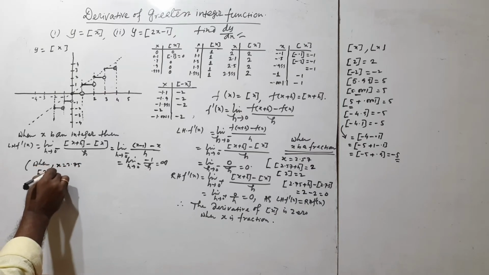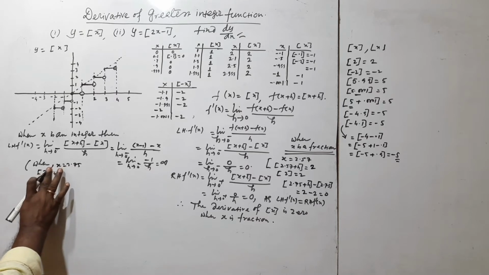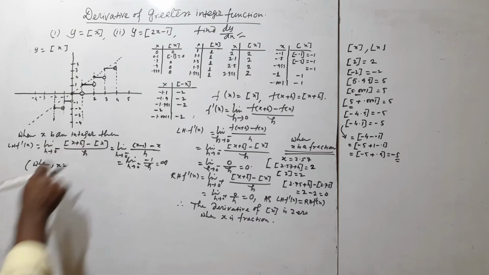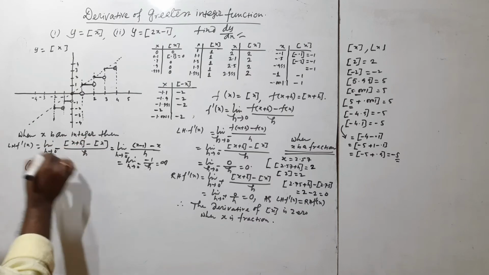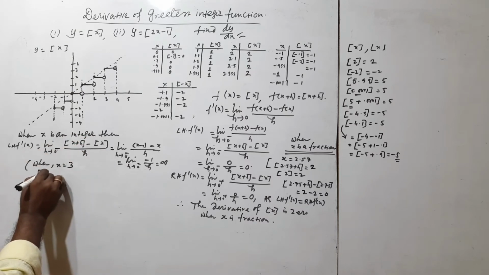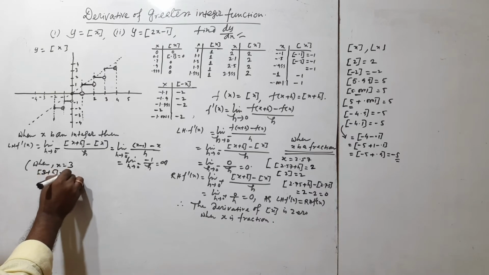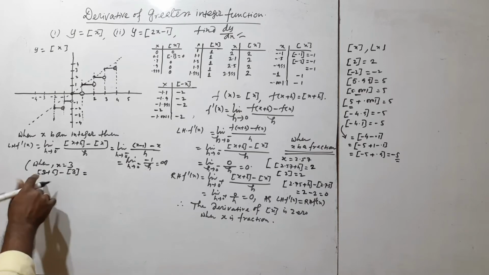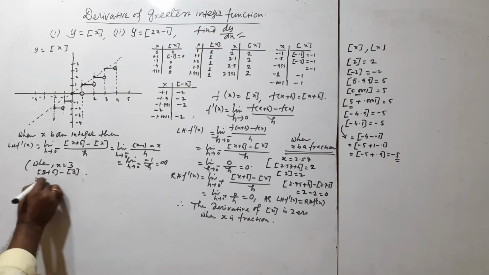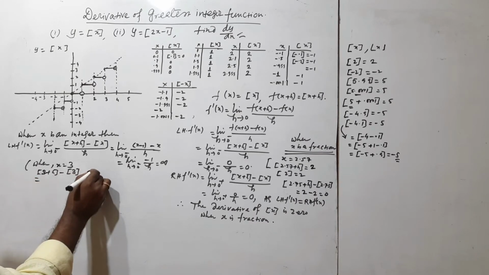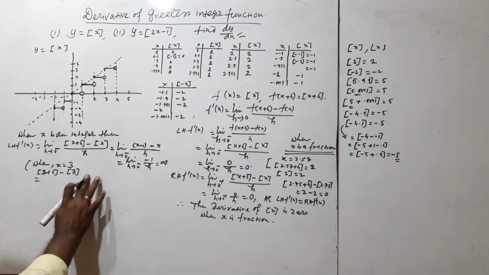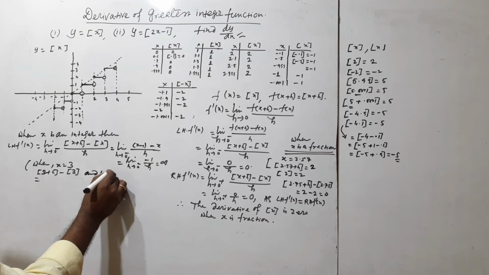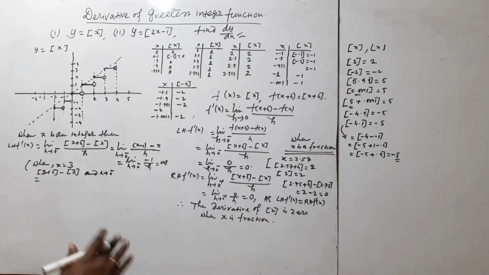Let us assume x is an integer, let us say 3, so 3 plus h minus box 3, and h tends to 0 minus, so it is subtracted from 3.